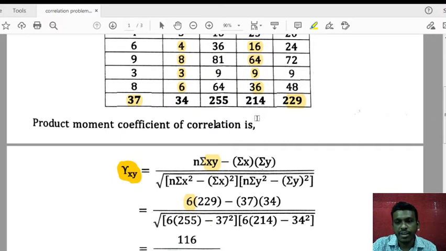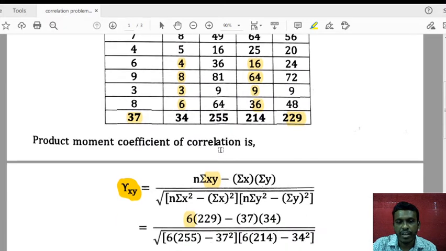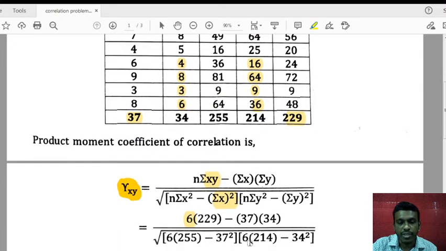Summation x square is 255, so 255 minus summation x the whole square. This is the square of summation x. Summation x is 37, so 37 square.